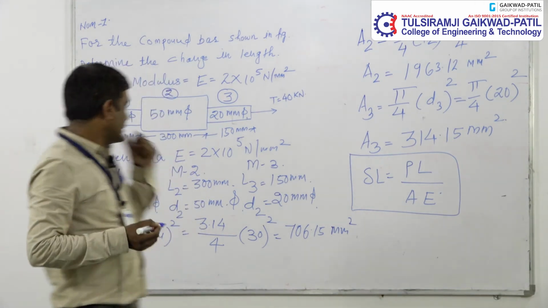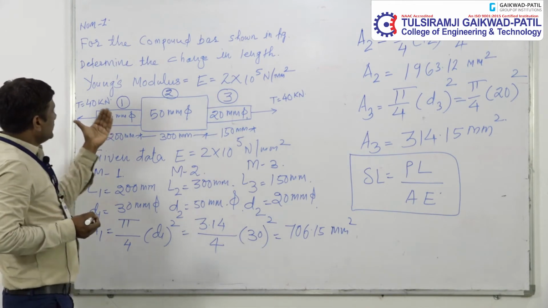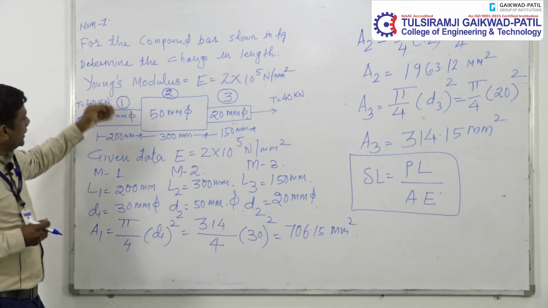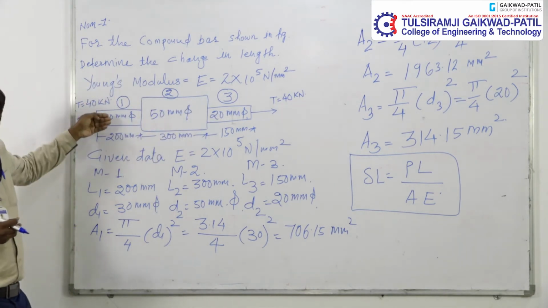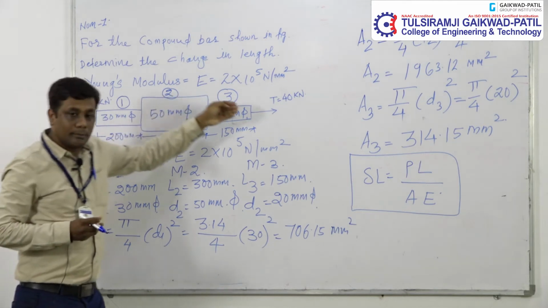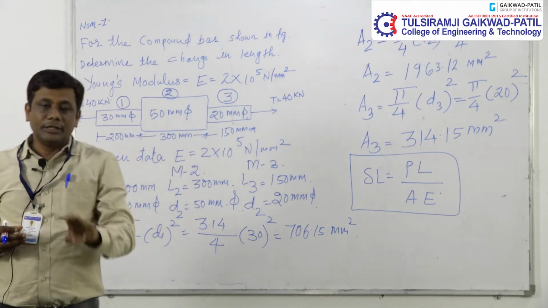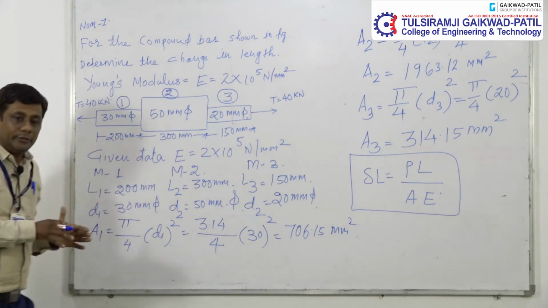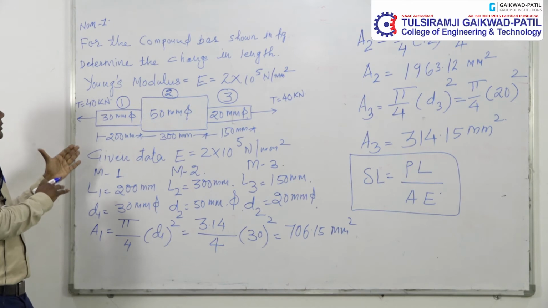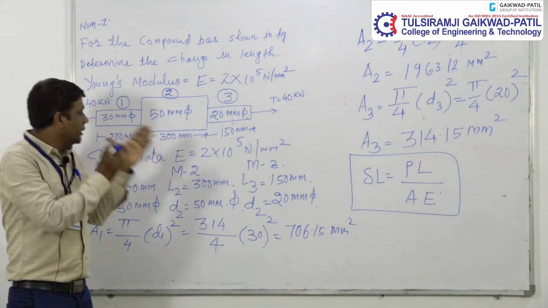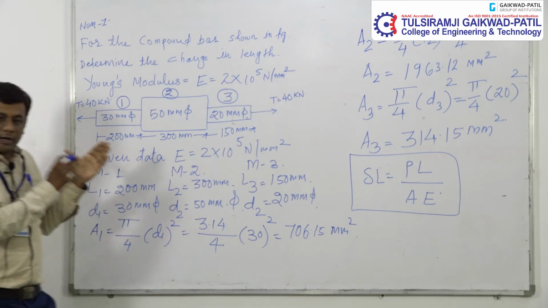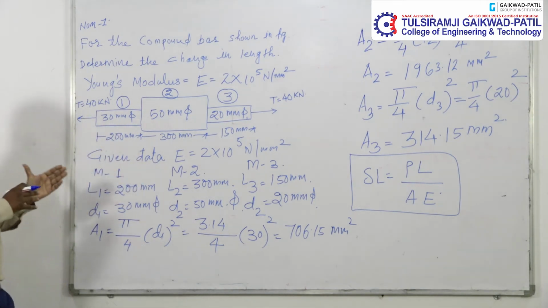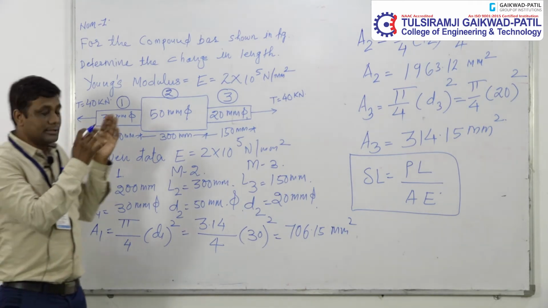But if we think about the given diagram, we have three different materials: material number 1, material number 2 and material number 3. So it is essential that we calculate the change in the length for each material, as the given length is different, the given diameter is different, and the given tensile loading is different.